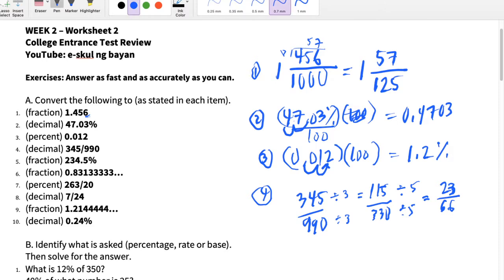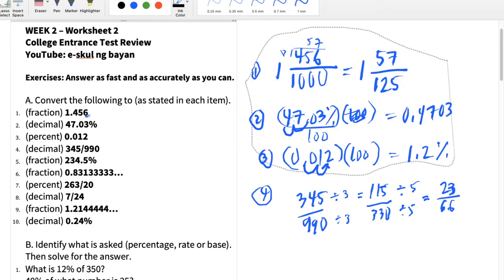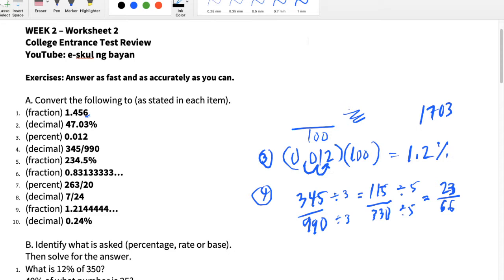Let's use long division method. Buburahin ko muna itong nasa taas. Okay, ayaw niya mabura. So, 23 divided by 66, let's write it here sa taas. Add 0. 230 divided by 66, that's approximately may tatlo ka dyan.